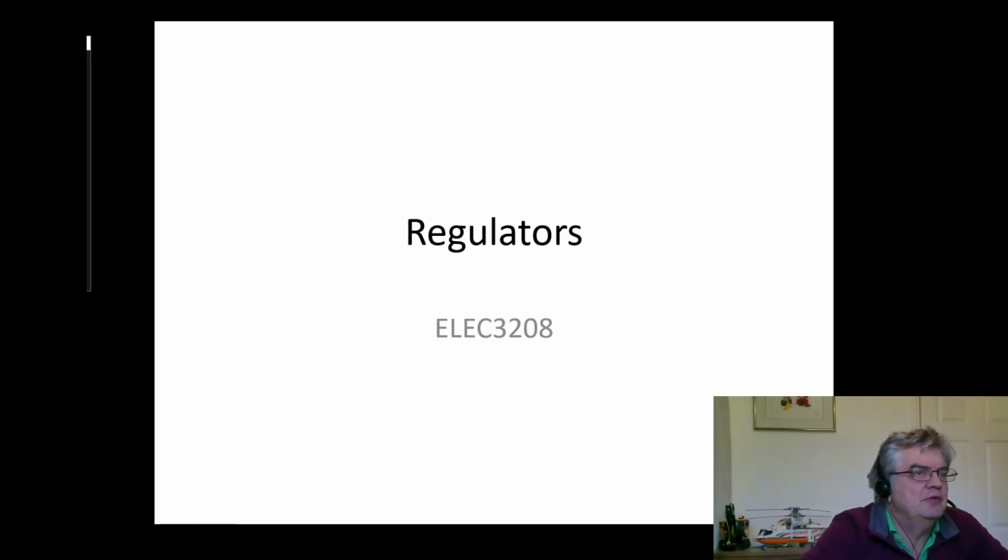There'll be a bit of a recap of what regulators are, and then we'll go into a bit more detail about how they work, and then we'll round this off with looking at some switched capacitance circuits, which is emulating resistors using capacitances and switching them really fast, which is quite a neat way of doing things. That has quite a lot of application in A to D converters, which comes later. So in many ways we're seeing the same techniques being used over and over again, which is good.